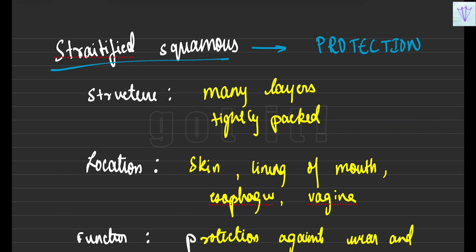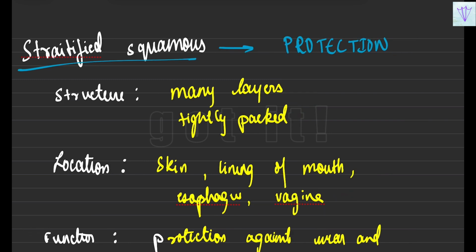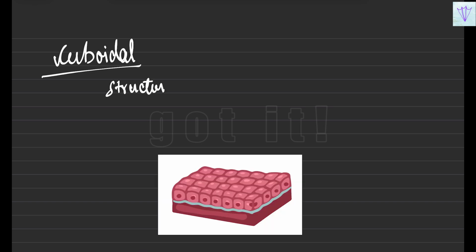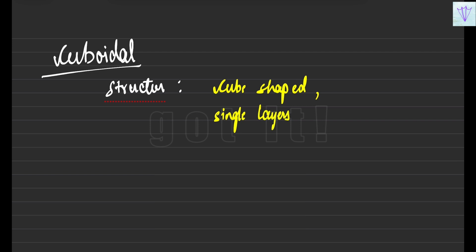Okay, now moving to the next one, that is cuboidal epithelium. So, structure. As the name says, cuboidal, in the sense it is cube-shaped cells, and it is also single layered.